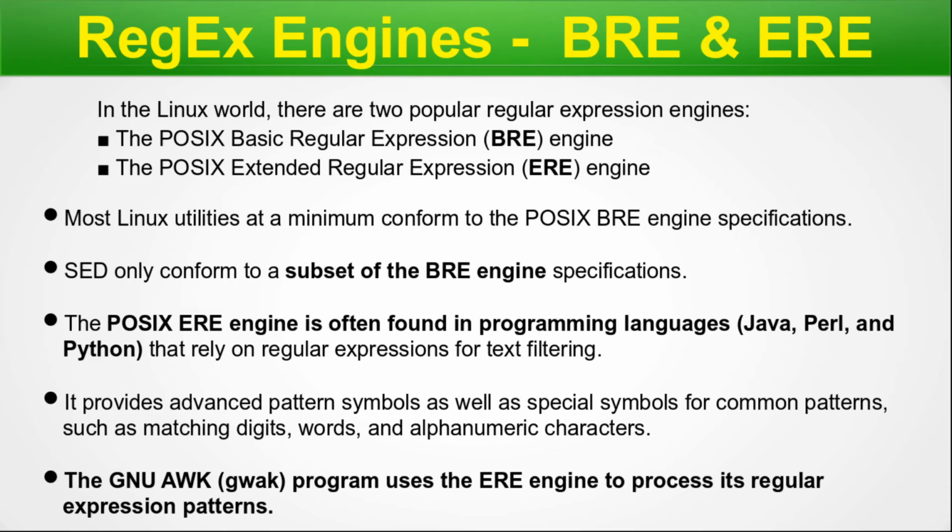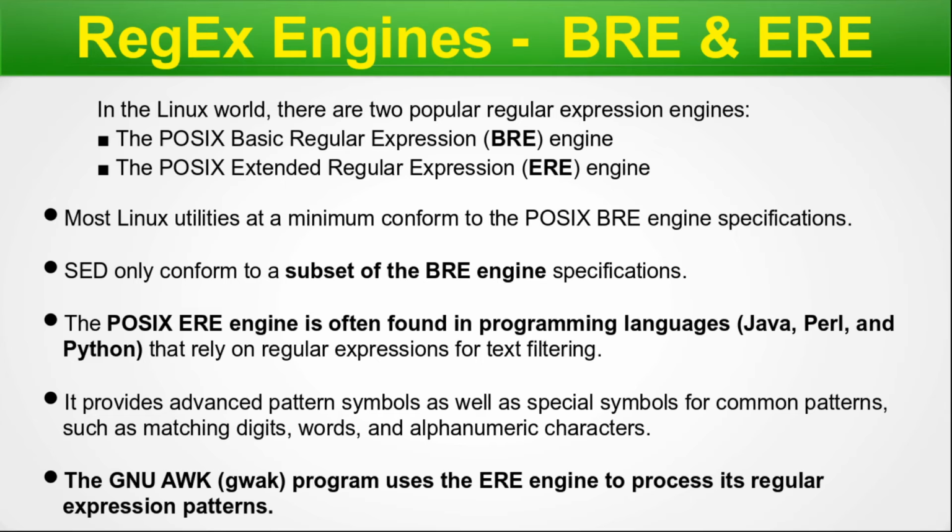When we refer to awk, we generally refer to gawk. So the GNU awk program uses the ERE engine to process its regular expression patterns. So by default in awk, the regular expression engine is ERE, whereas in SED, by default the regular expression engine is BRE. Okay. So here we have discussed BRE and ERE, these two types of engines.